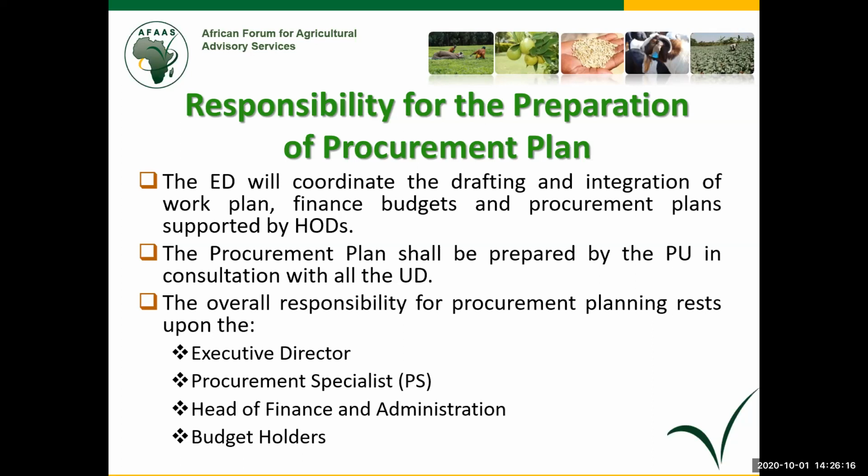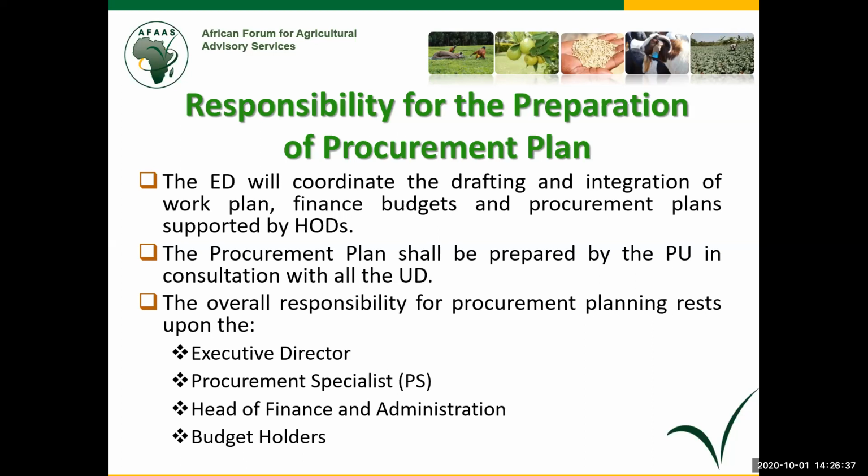Go ahead. The overall responsibility for procurement planning rests upon the executive director, me as the procurement specialist, the head of finance and administration, because there are issues related to finance in the budgets, and then the budget holders who at the present would be the users of AFAS.